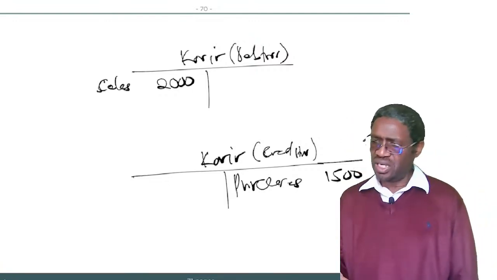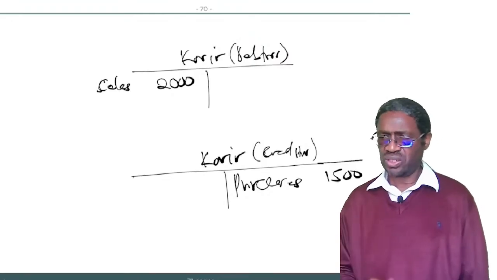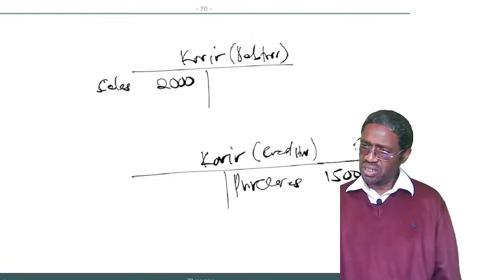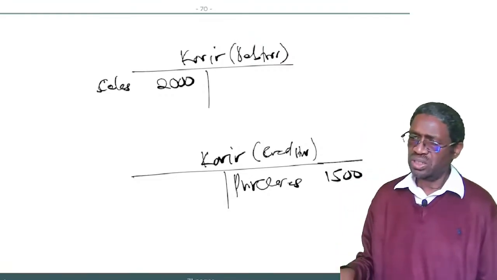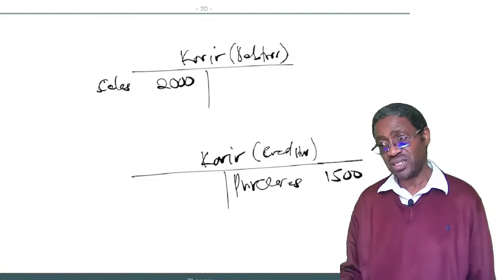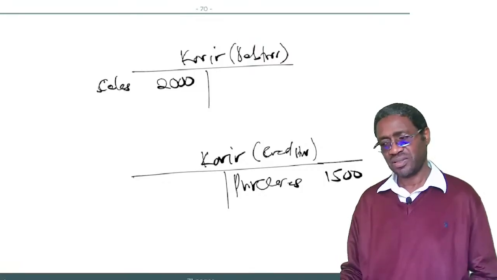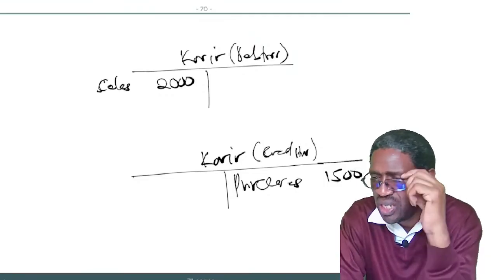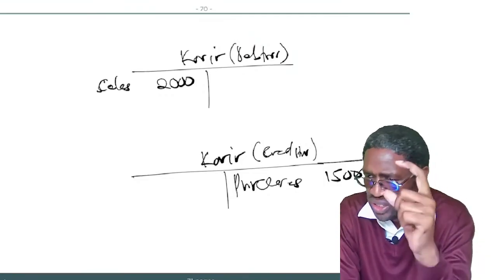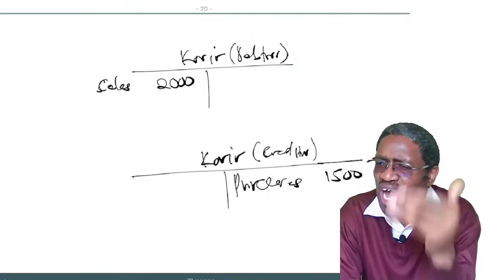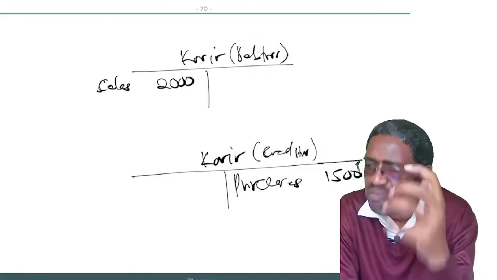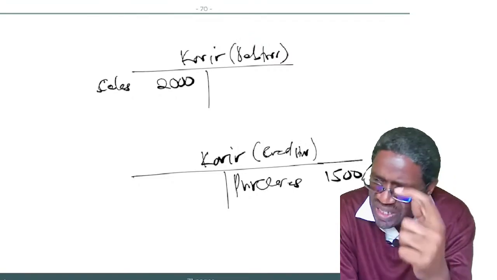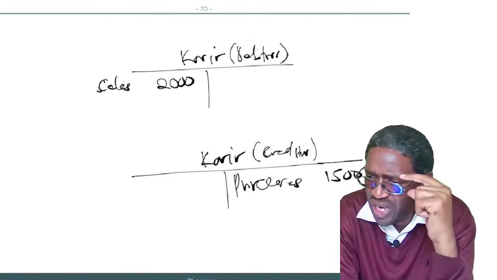As a debtor, Coril owes us 2,000 shillings. As a creditor, we owe Coril 1,500. Listen, when one person is both a debtor and a creditor, the question is this: do I have to wait for Coril to pay me my 2,000, then from the same money I pay him the 1,500?